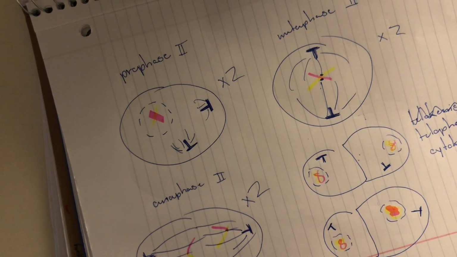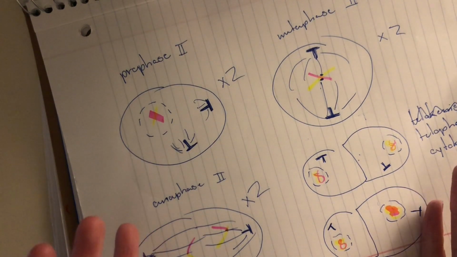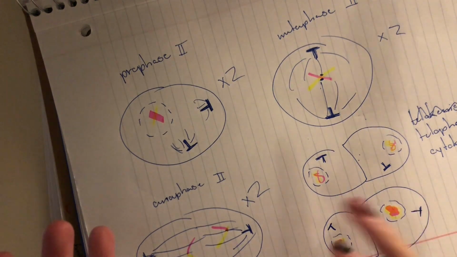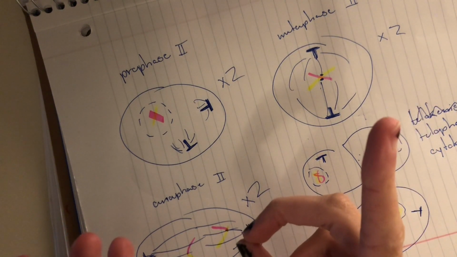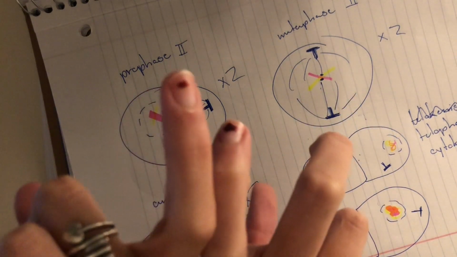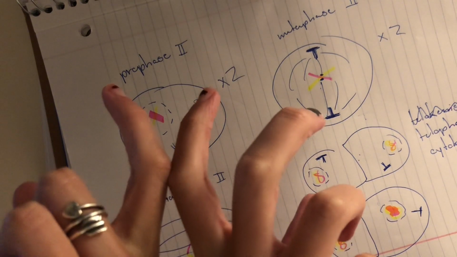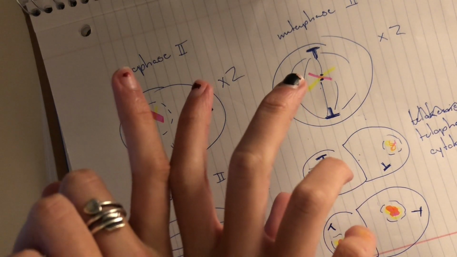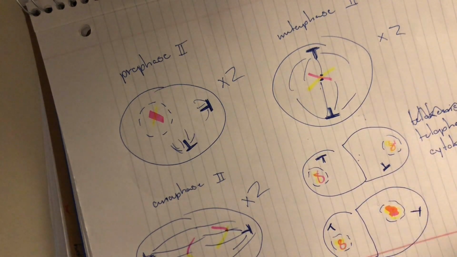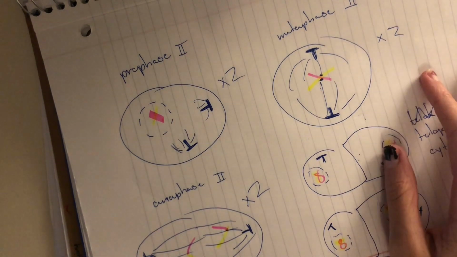That way, the diploid number will be restored when fertilization occurs, and we'll have one set of chromosomes from the dad and one from the mom. They'll combine, and we'll get that nice little 46 chromosomes, because each of these cells will have 23. And that's a very, very condensed version of meiosis.